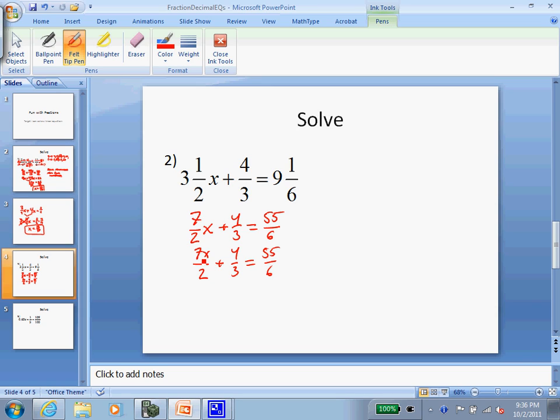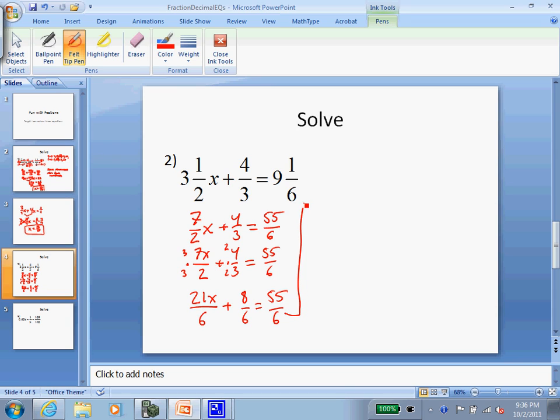So I need to multiply both of those by 3. I need to multiply both of these by 2. So I have 21x/6 plus 8/6 equals 55/6.